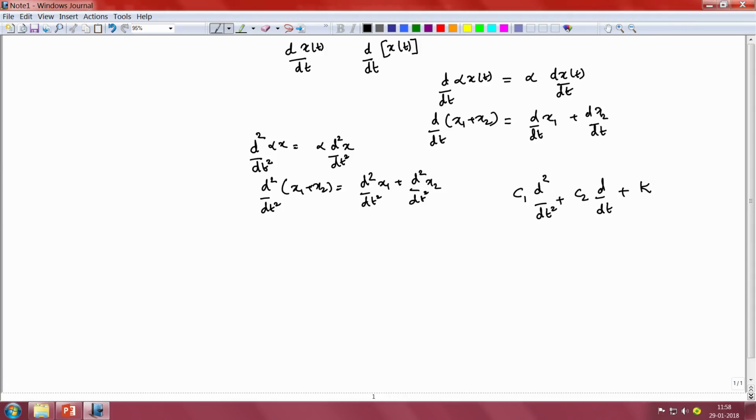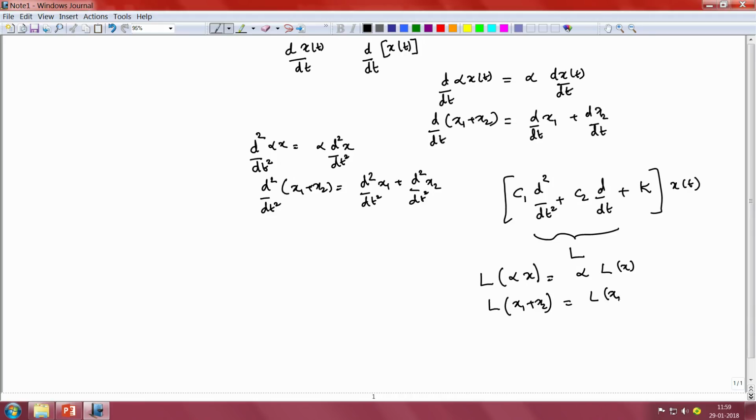Indeed, if you simply plug in and inspect, you will discover that if this operator acts on some signal x of t and I were to call this operator L, then just by substitution I can verify that L of alpha times x is equal to alpha times L of x, and L of x1 plus x2 is equal to L of x1 plus L of x2.